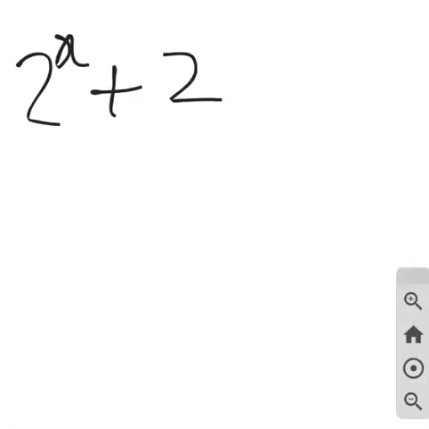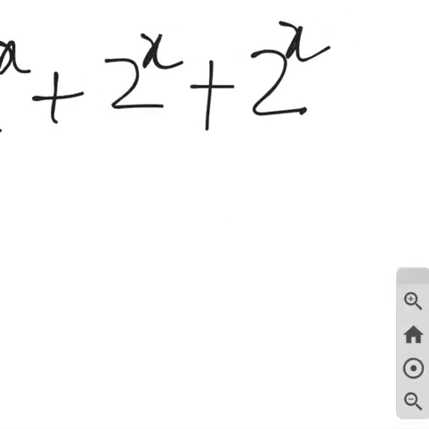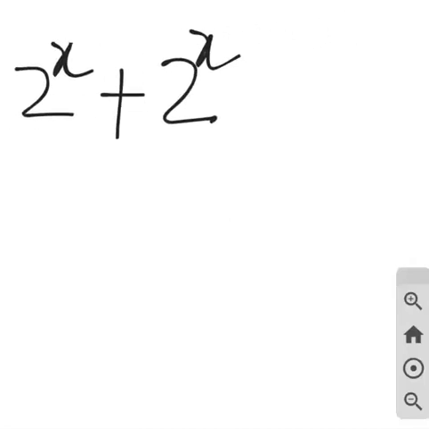The value according to the given equation is 1. So let's see, 2 to the power x plus 2 to the power x, and we continue doing that 8 times.